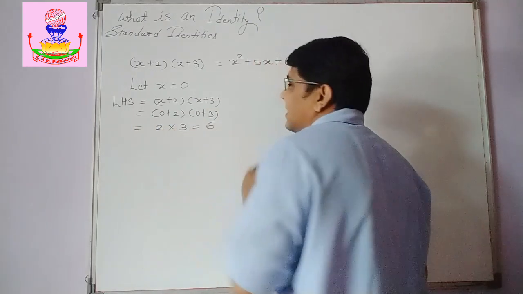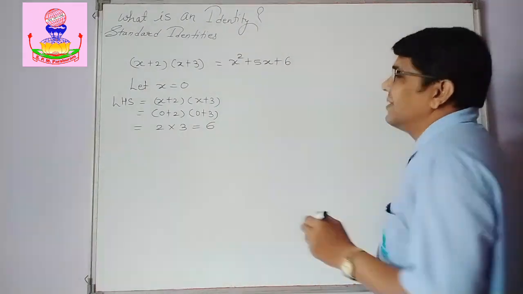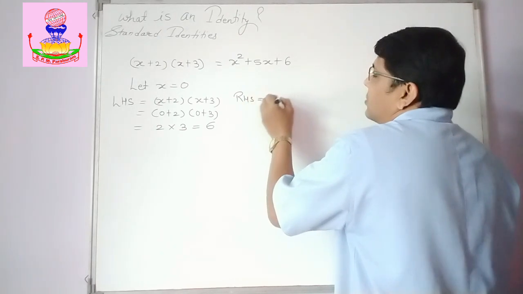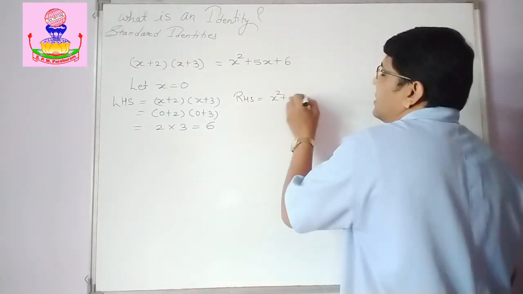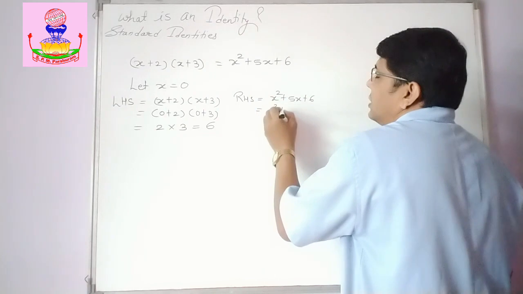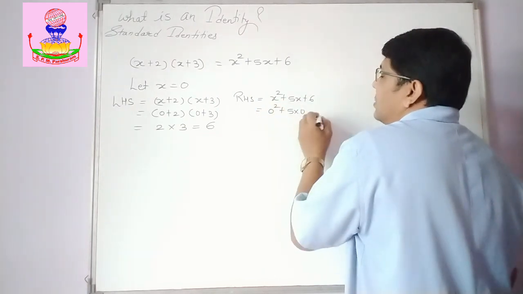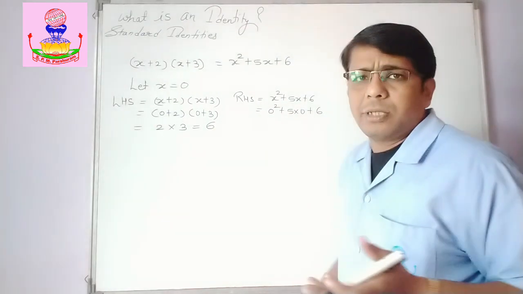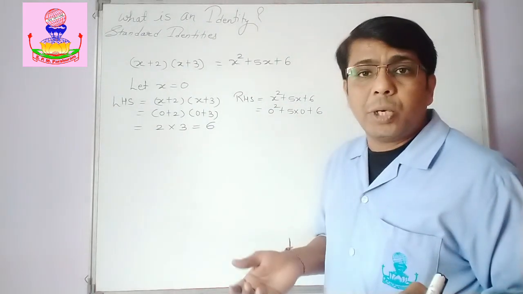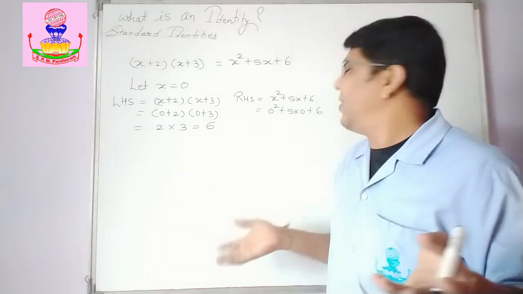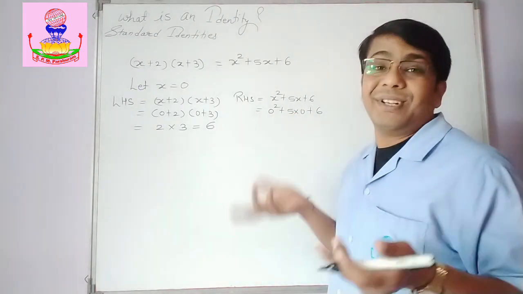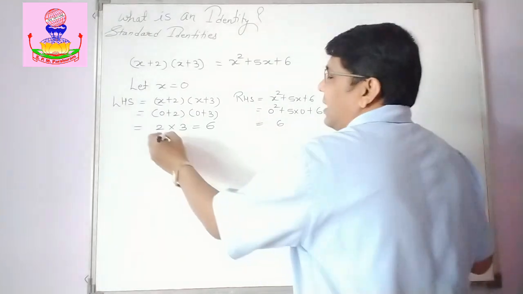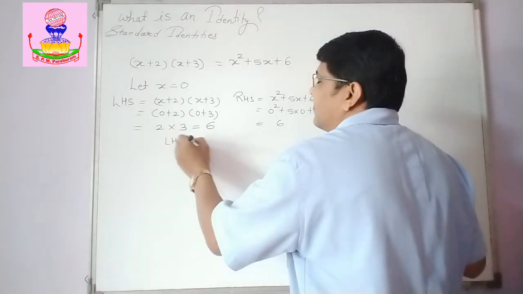So 2 plus 0 is 2 and 3 plus 0 is 3, that is 6. Then RHS, x² + 5x + 6, that is 0² + 5 into 0 + 6. Now 0 square is 0, 5 into 0 is 0, so 0 plus 6. What do you get? Yes, of course, it will be 6.